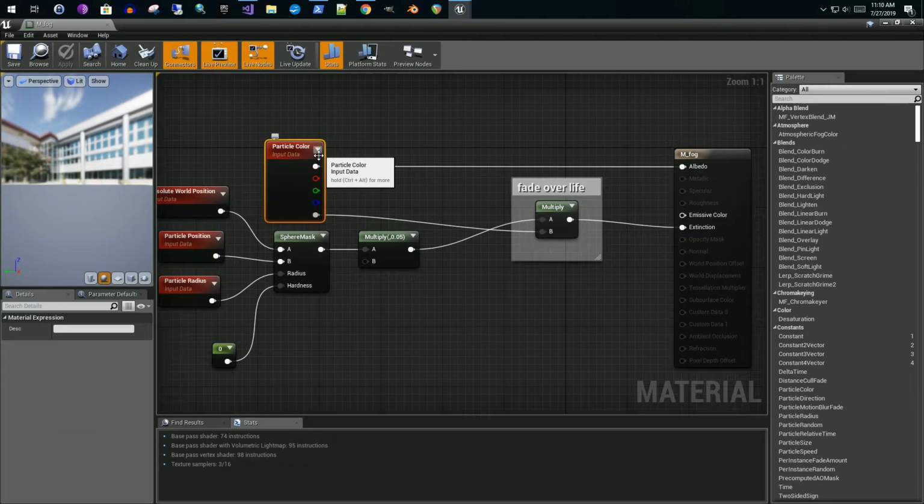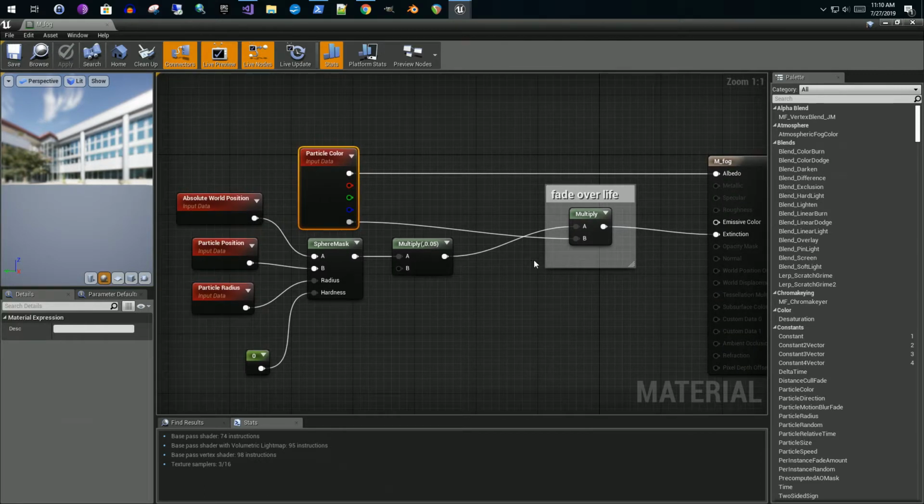So what I did is, if you do fade over life, and I'll show you the particle in just a minute, the particle then, you can pass the alpha channel of the particle and multiply that by the density of this sphere mask here. So the value of the alpha goes from 0 up to 1 and then back down to 0. So you get this nice fade-in effect of your particle, and your fog will fade in and out very easily.